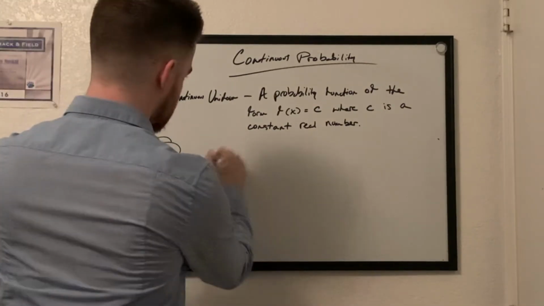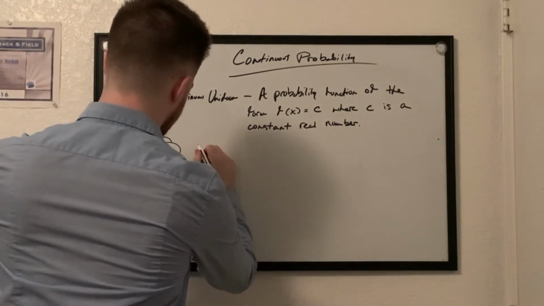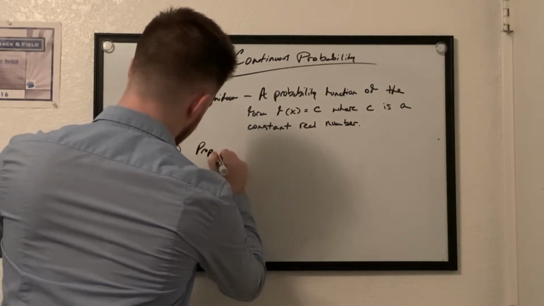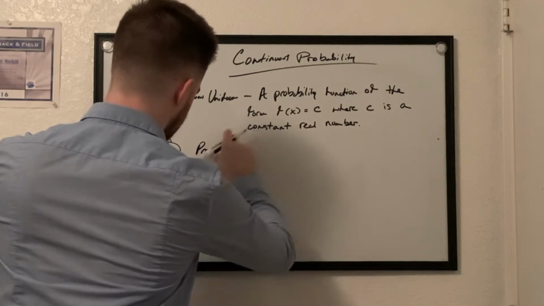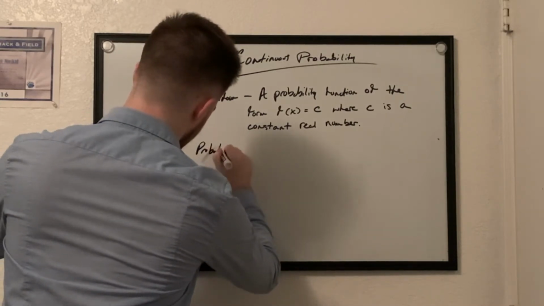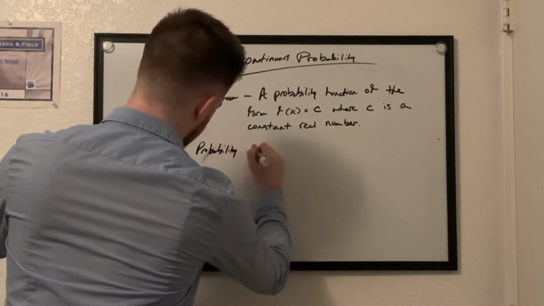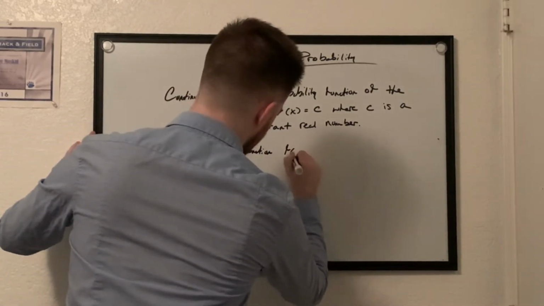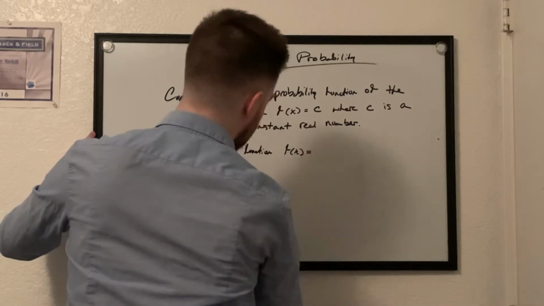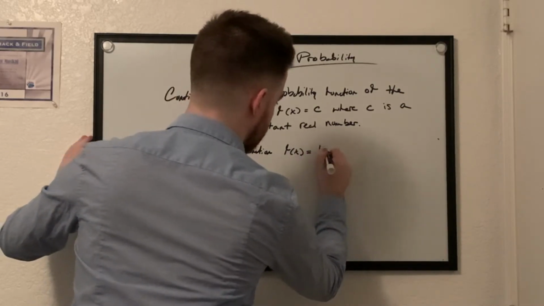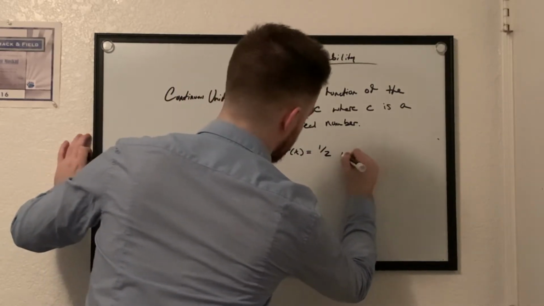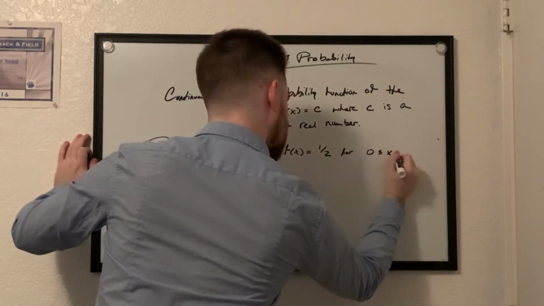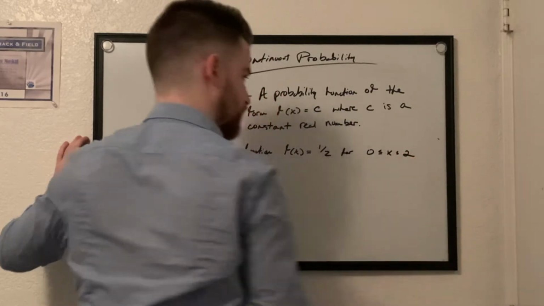Suppose you have a probability function f of x equals 1/2 for x going from 0 to 2.